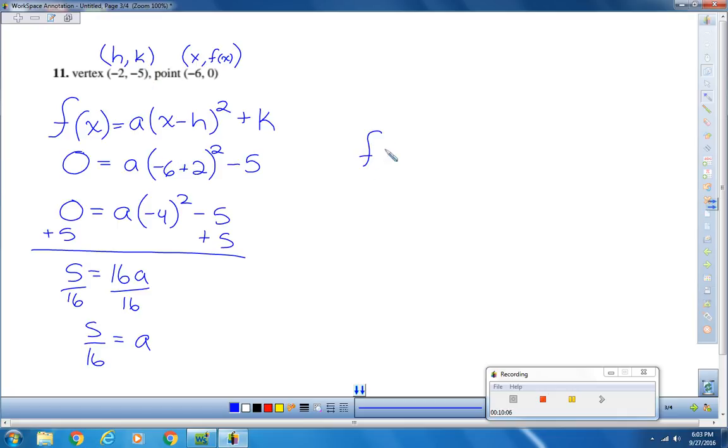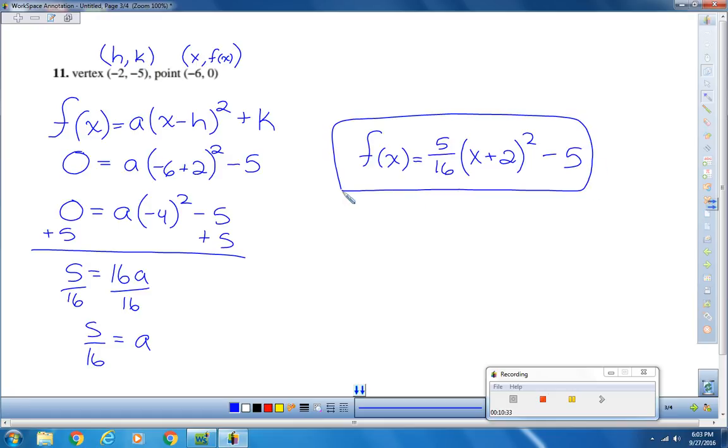So f of x is equal to a, which is 5 over 16, x minus h, so we're going to do x minus a negative 2, so x plus 2 squared, and then plus a negative 5, which we write as minus 5. And there's our answer to number 11.